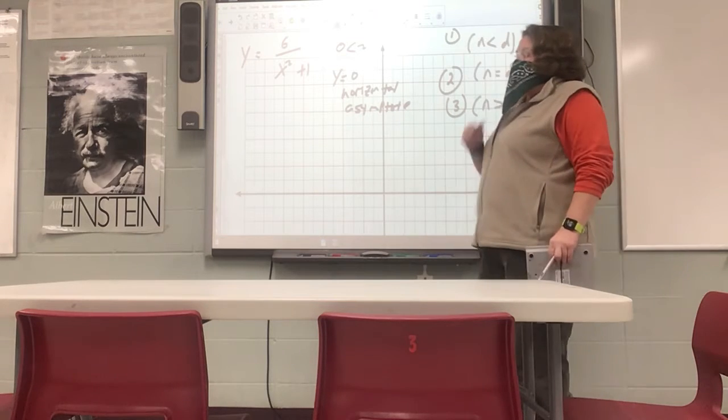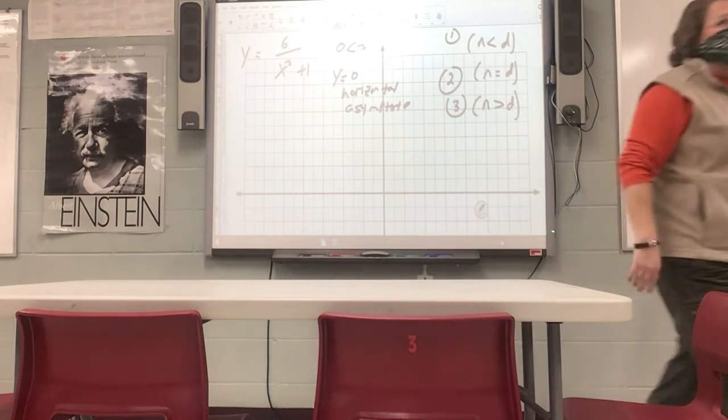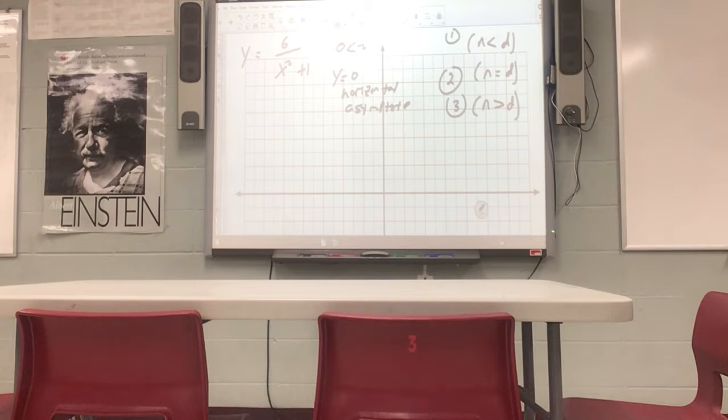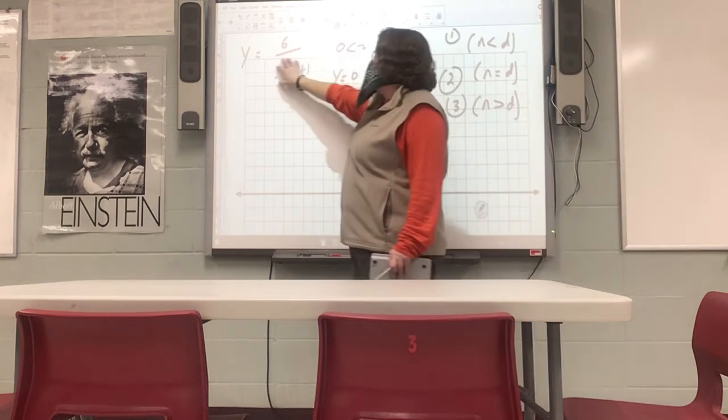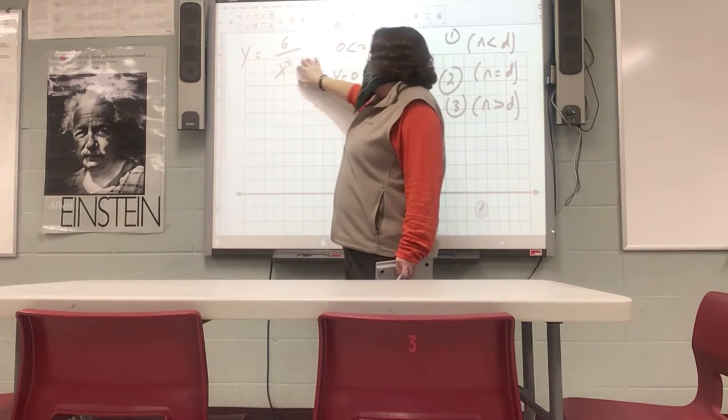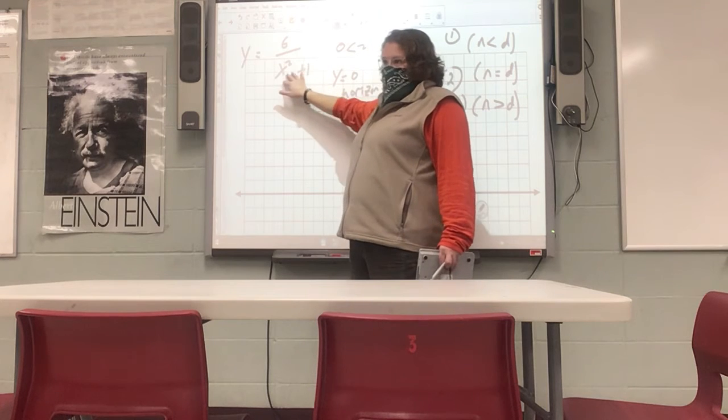Now, we still find the vertical asymptotes the same way as I told you in that Friday video. The vertical asymptote will always be: set the denominator equal to 0 and solve. Always. Because you can never have a 0 on bottom, so you can never touch that. But what's going to happen in this case, if you set that equal to 0 and solve, it's not going to be real.